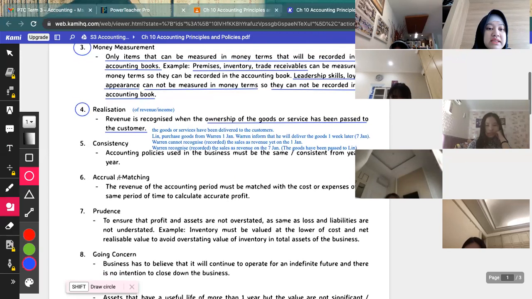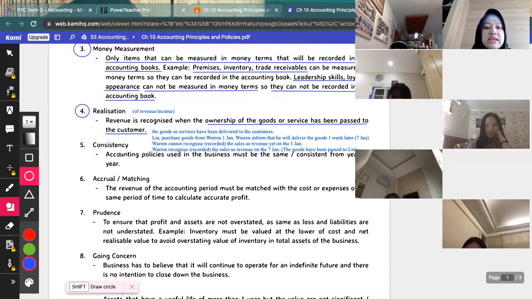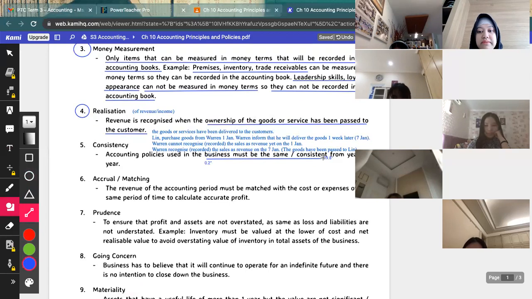Next, consistency. Consistency means the accounting principles used in the business must be the same, or consistent, from year to year.